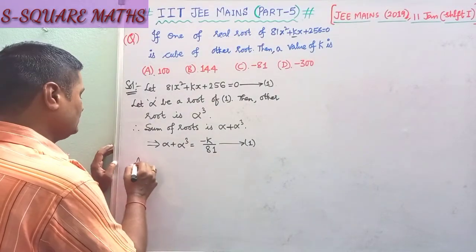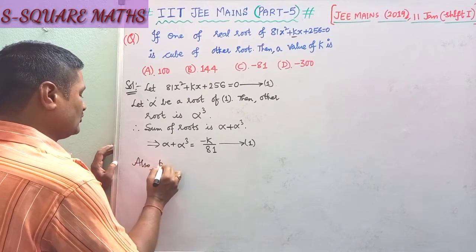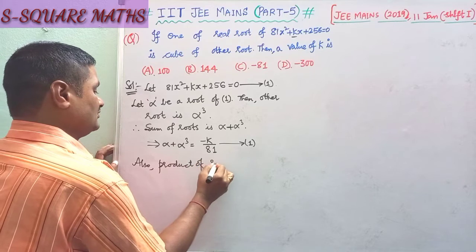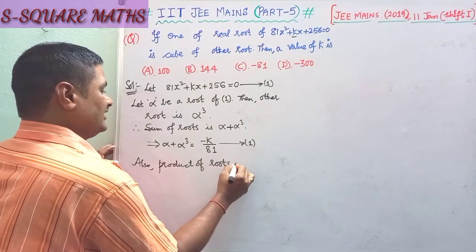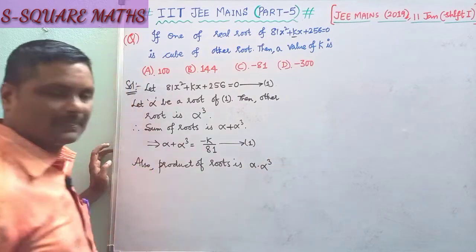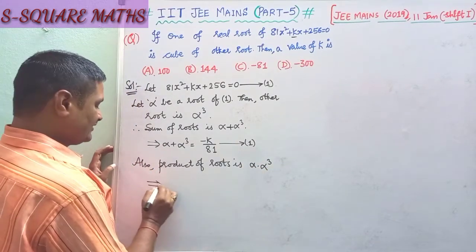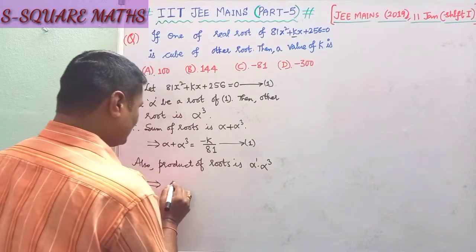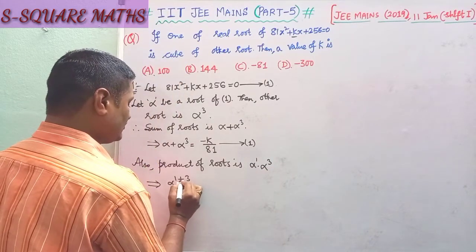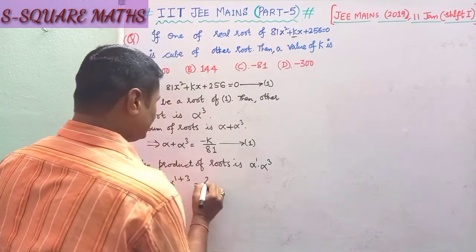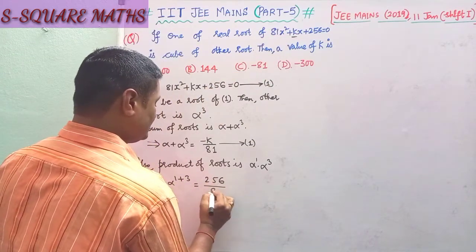Next, the product of the roots is alpha into alpha cube. Using a power m into a power n equals a power m plus n, I can write alpha power 1 plus 3 is equal to c by a, that is 256 by 81.